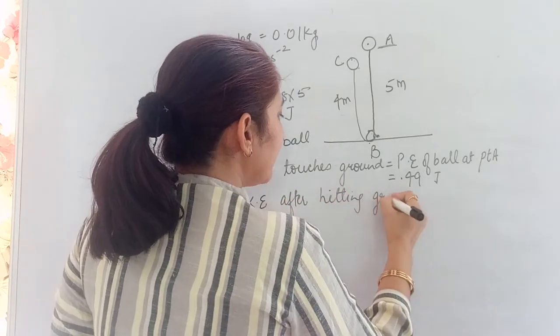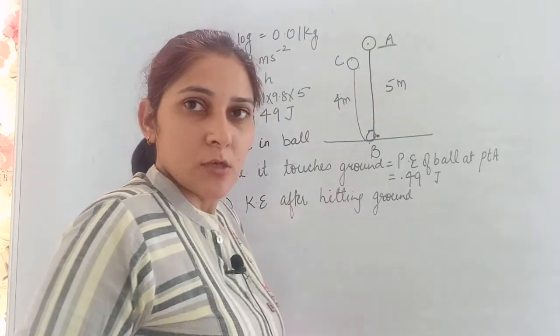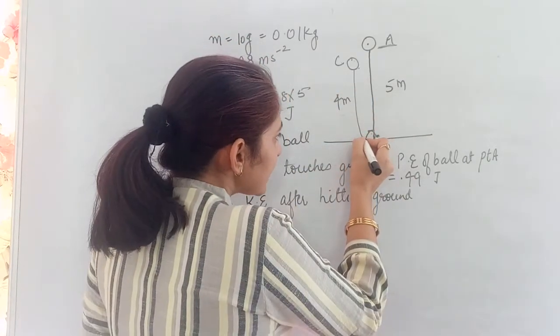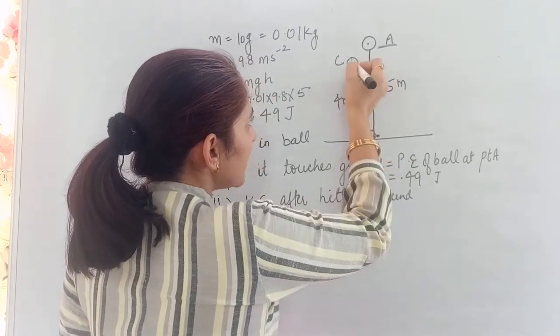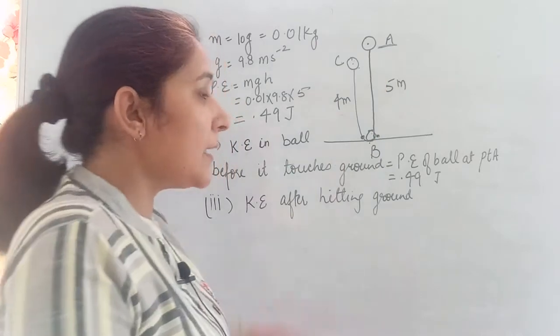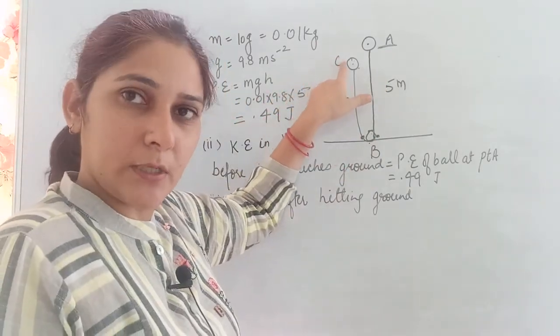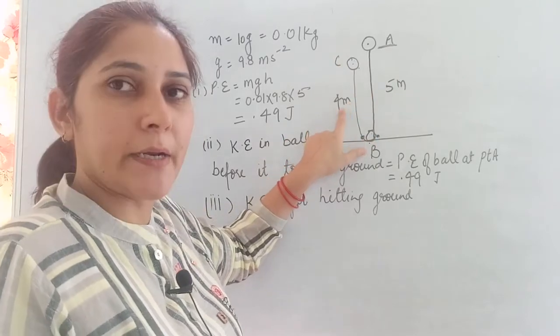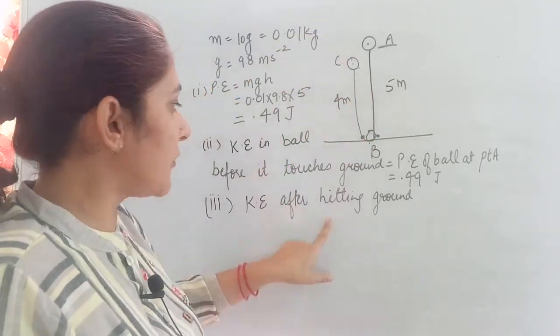For that we need velocity, but we do not have velocity when it rebounds. So what can we do? Whatever is the kinetic energy over here, that is the same as the potential energy over here. क्योंकि जितना भी यहाँ kinetic energy होगा वो सारा का सारा यहाँ जाकर क्या बन जाएगा? Potential energy. We are aware about height, so we can find out potential energy over here. That same value goes for this answer.